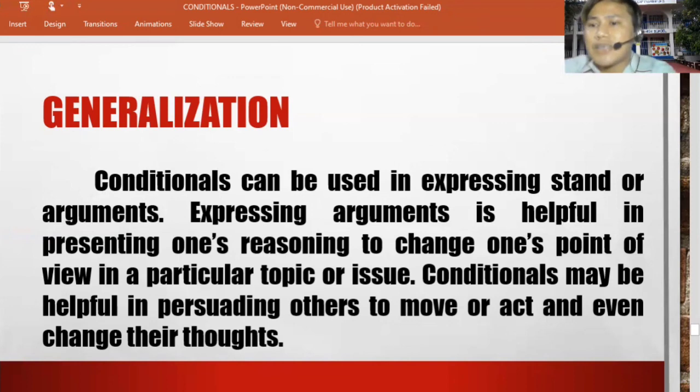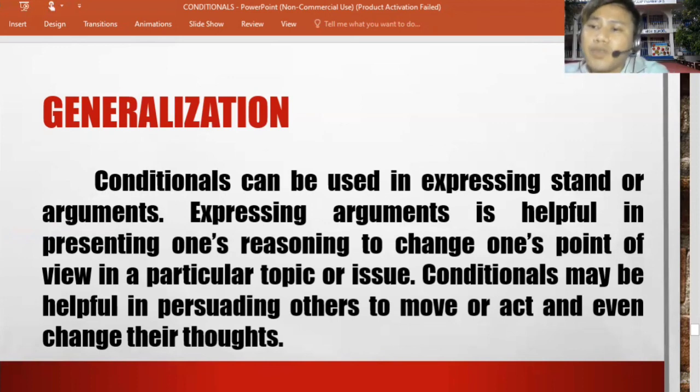Let's say, for example, you are an advocate of a no smoking campaign.